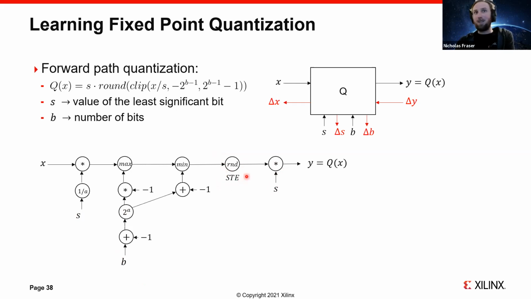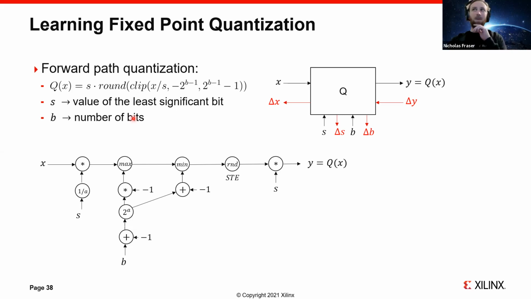All you need to do is define a custom operator that implements this rounding function, but has an identity function in the backward pass. And then you just define this expression, but now with your custom rounding function, and you're done.